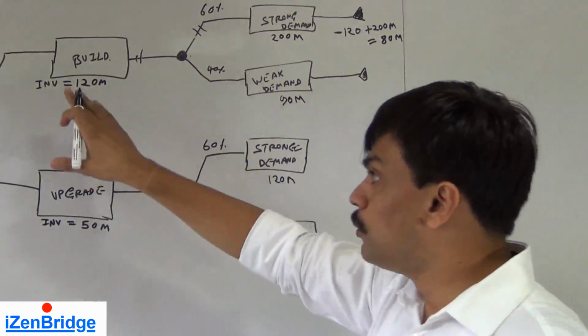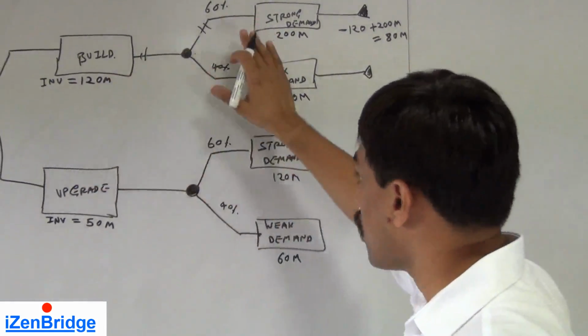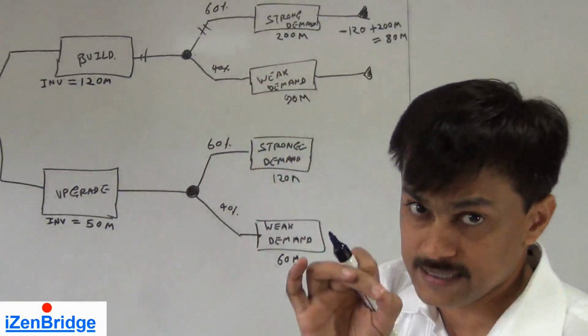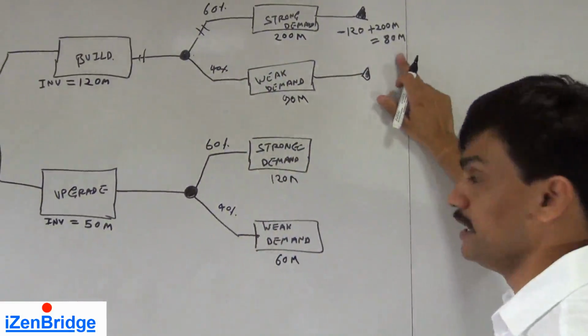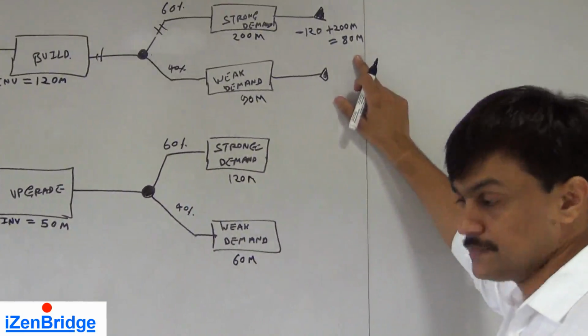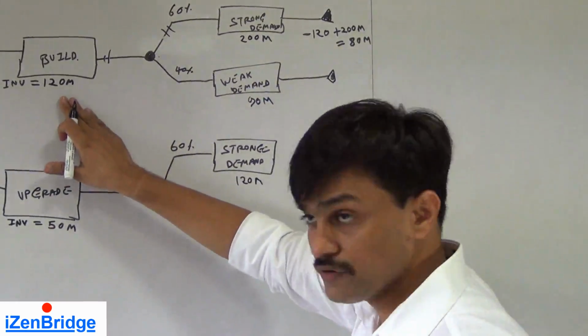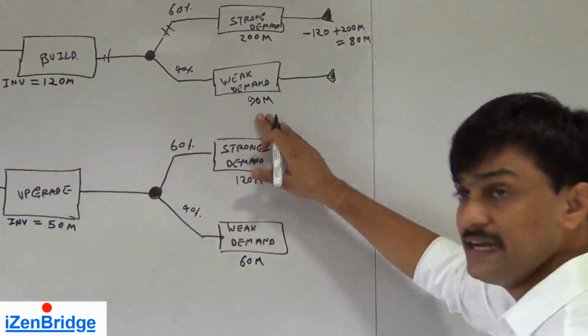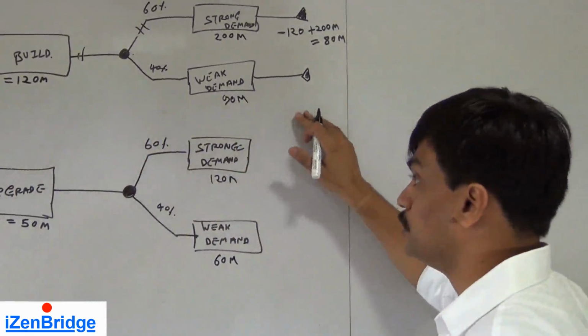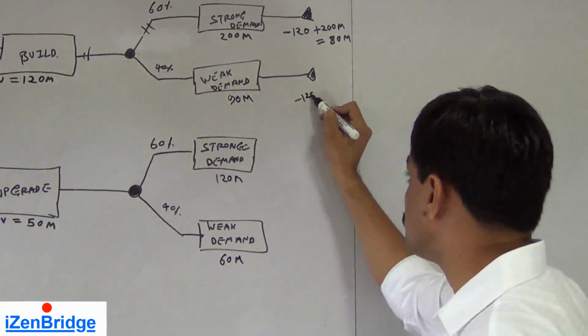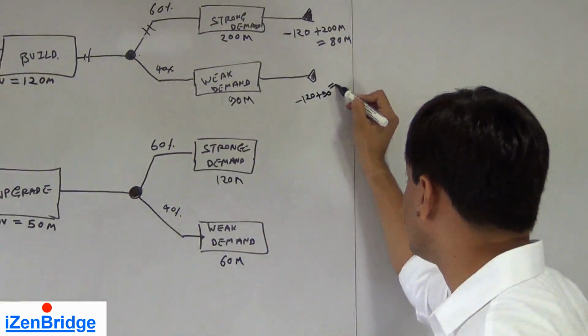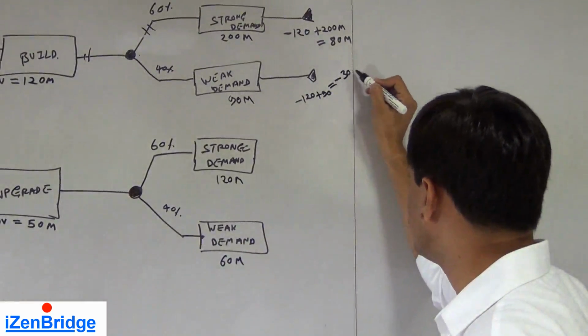So if you build a plant and there is a strong demand, in net you will earn 80 million in that particular decision. The second path value is you build, you spend 120 million, you earn 90 million. Your net path value in this case would be minus 120 plus 90 is equal to minus 30 million.